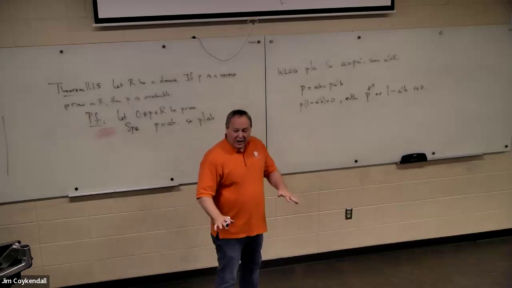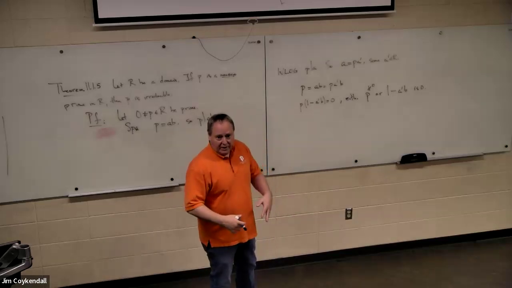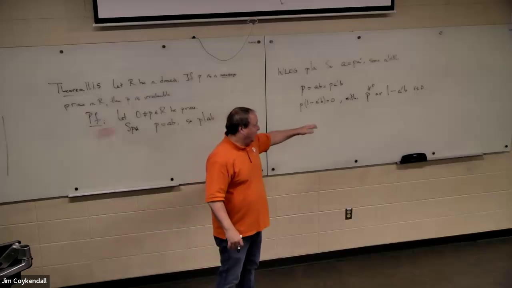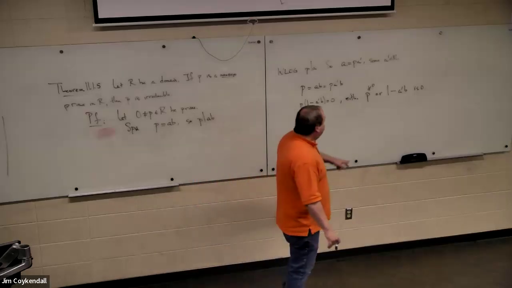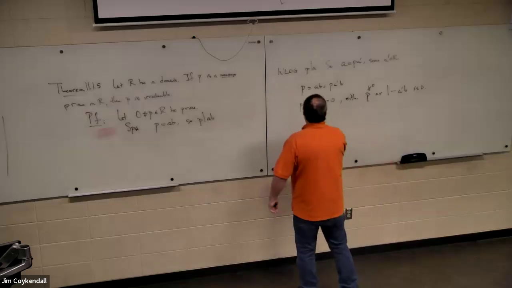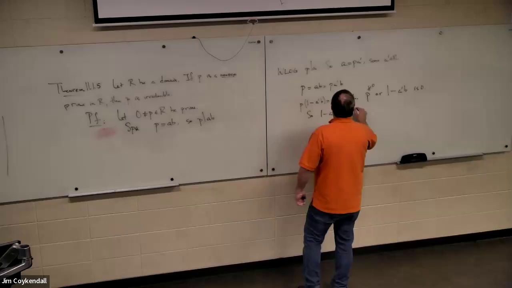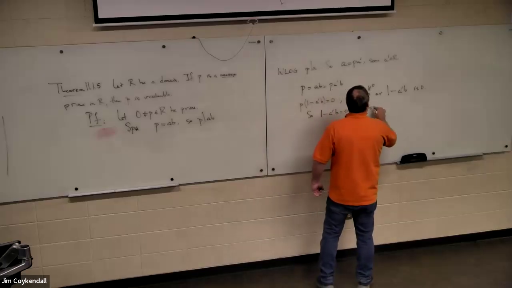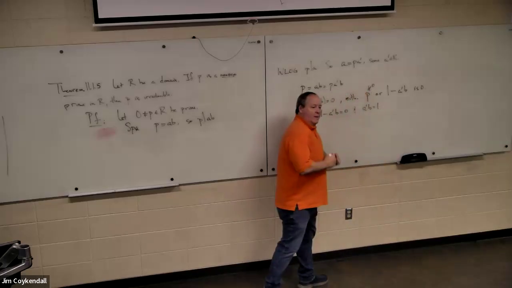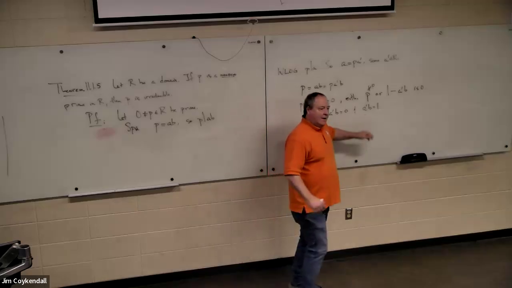That's key right there, because my proof kind of implodes if I'm not under that assumption. So that means A prime B equals 1.